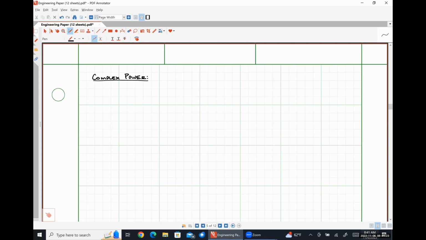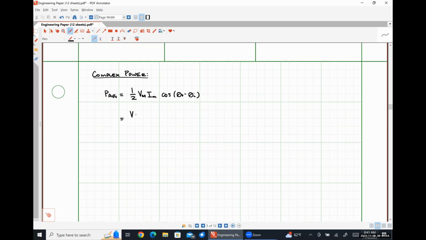So if we look at our average power relationship, P average, we found that this was simply 1/2 VM IM cosine(theta V minus theta I) for any generic element or network, right? Well, we could split that factor of 1/2 up.